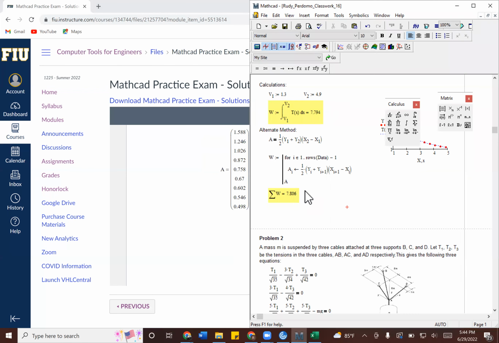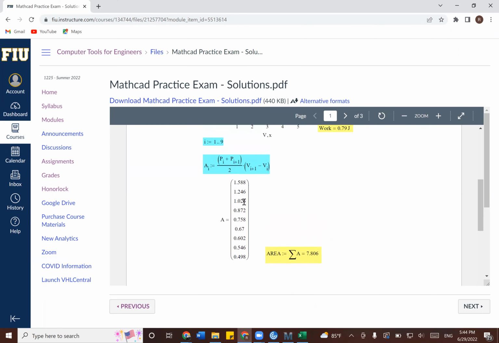Wait, so for some reason I'm getting a red P on the first P1. Can you scroll up to her work really quick? Oh, because we named them X. Or I named them X, so I have to change them to X, big X, right?